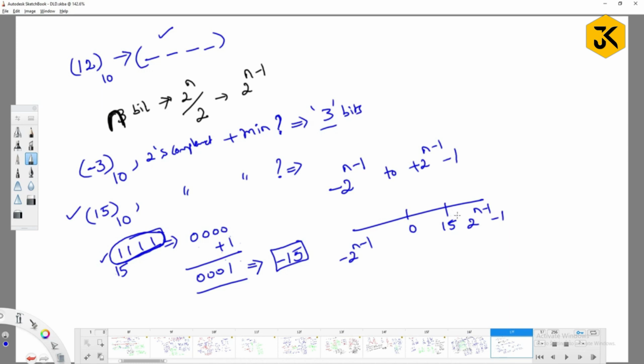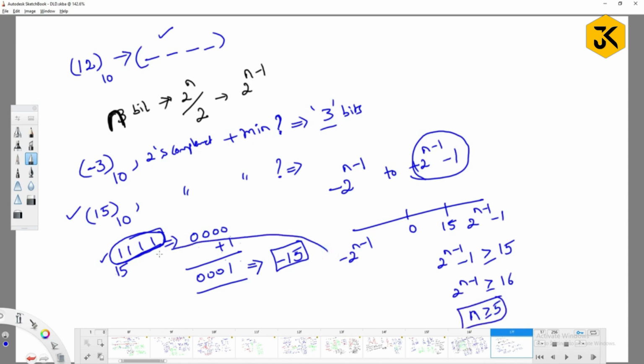This n value should be compulsorily greater than or equal to 15. Observe, what is the maximum number I can generate? 2 power n minus 1 minus 1, which should be greater than or equal to the decimal number 15. Now try to solve. 2 power n minus 1 greater than or equal to 16, which is equivalent to 2 power 4, so n minus 1 greater than or equal to 4, n greater than or equal to 5, right?